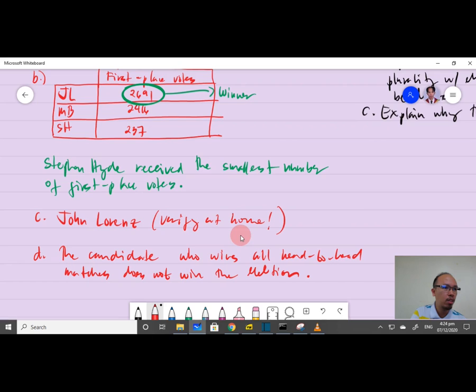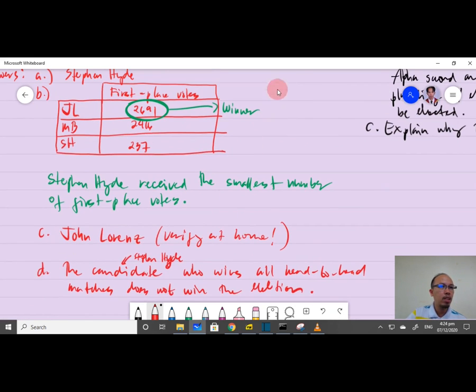This candidate here is Stephen Hyde. But the winner for pairwise comparison is John Lawrence. The winner for the Borda count is Stephen Hyde. So it must be the same in order for the Condorcet criterion not to be violated.